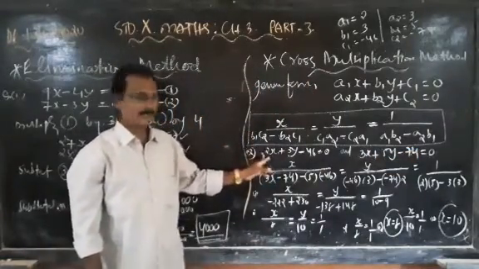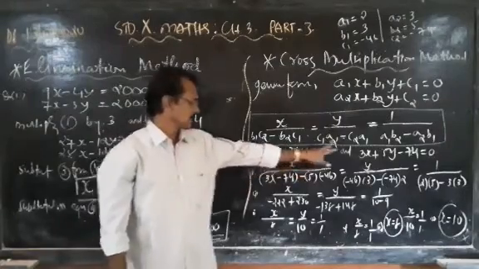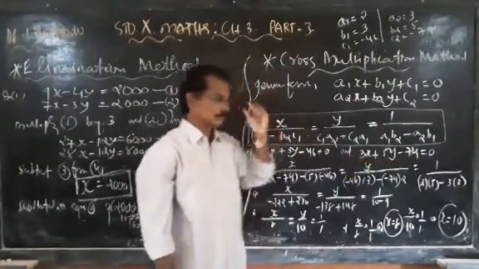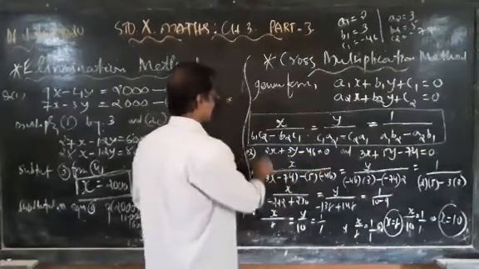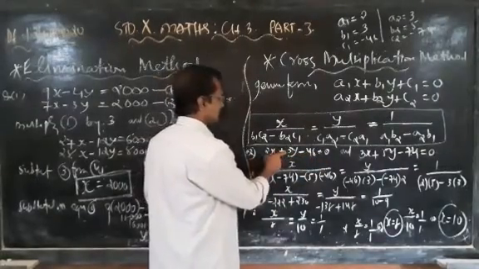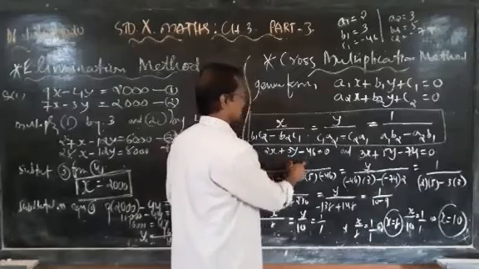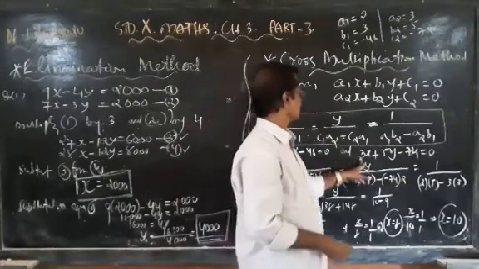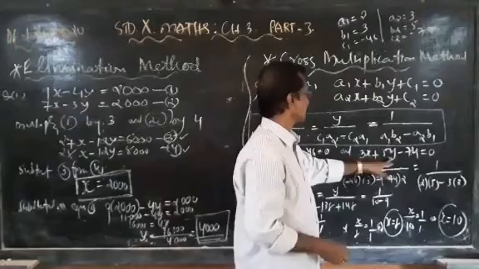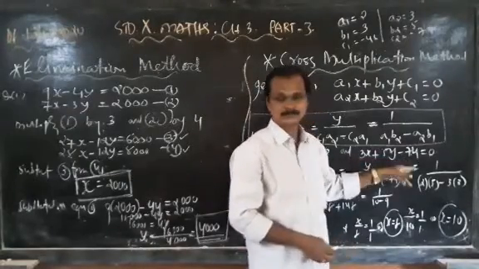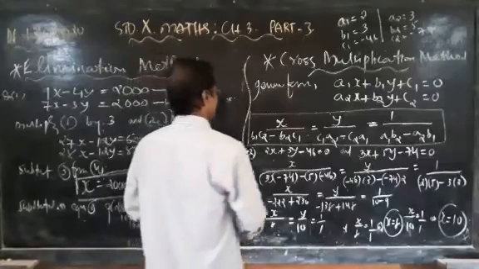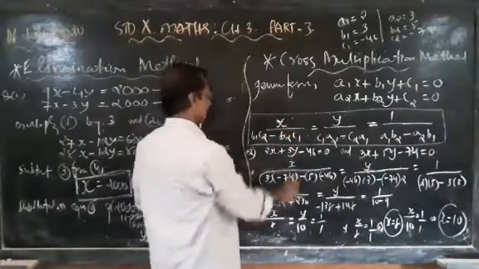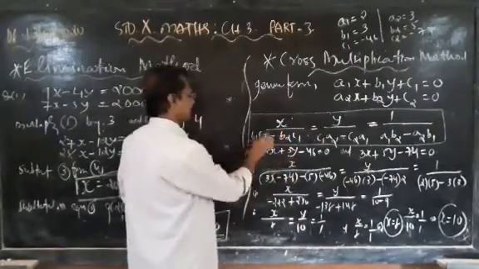Here 2x plus 3y minus 46 equals 0, so a1 equal to 2, b1 equal to 3 and c1 equal to minus 46. Here a2 equal to 3 and b2 equal to 5 and c2 equal to minus 74. Okay. Now use the formula x upon b1 c2.